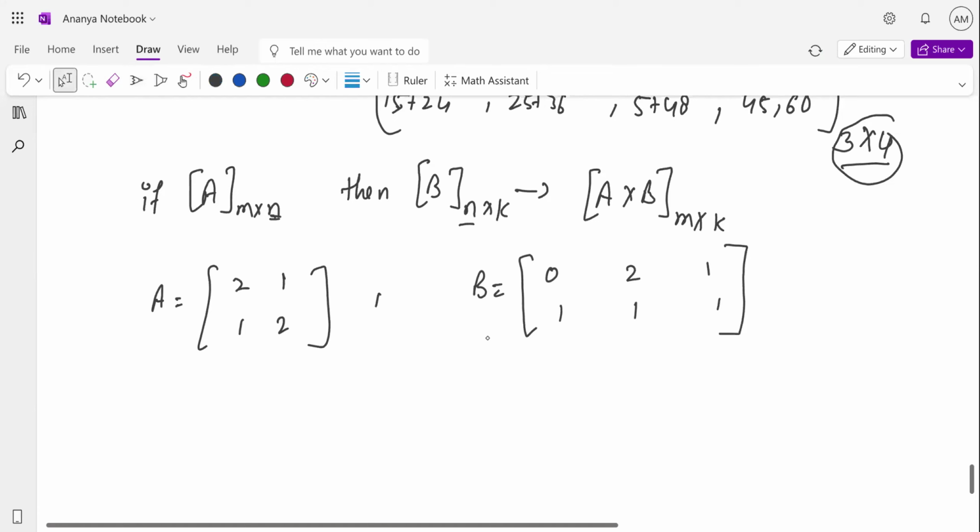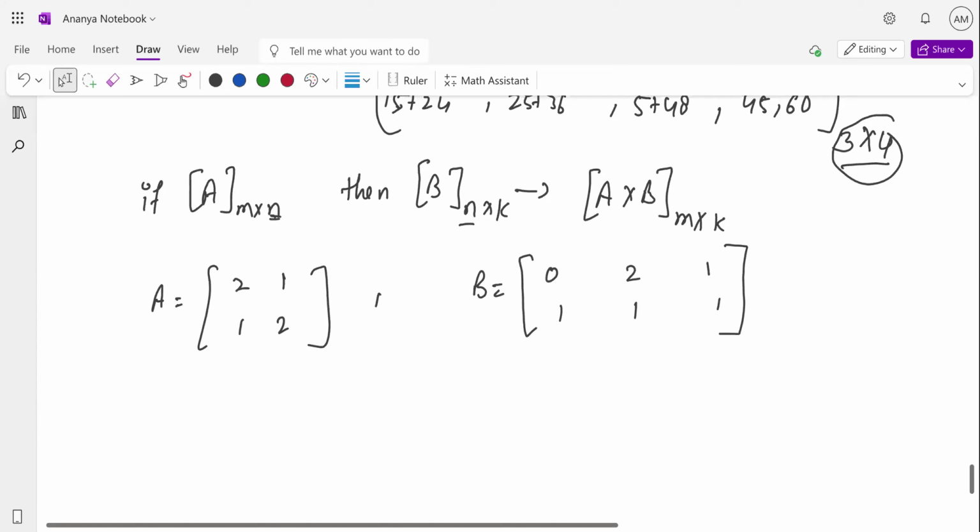Okay, so this is the thing. We get, in the rows, the first row is 1, 5, and 3.